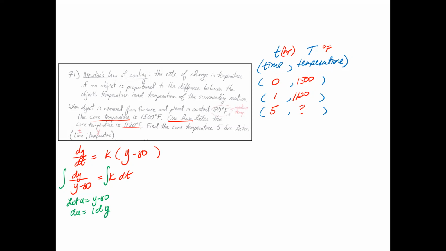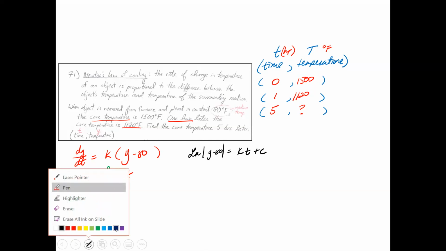Okay, and so then if I were to replace this, I will have an integral where dy is replaced by a du over u. This is just like having an integral of 1 over u, which is ln u, and ln u is ln of y minus 80, equals, taking a look at the right side, the integral of k is going to be kt plus c.